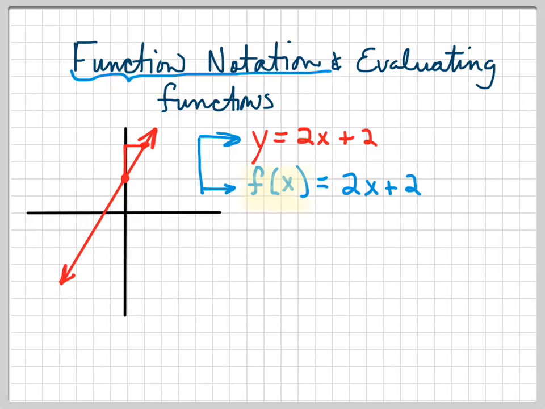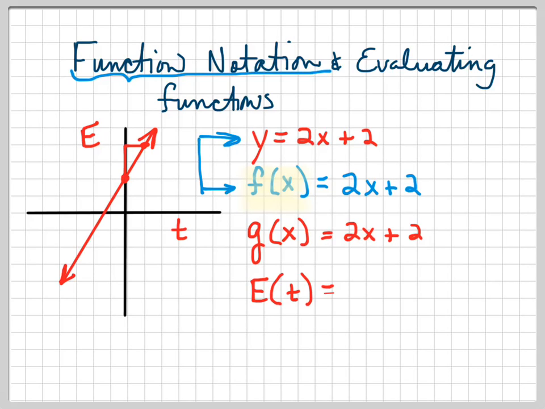And of course, I named this function f of x because function starts with the letter f, but I could have called it g of x. Maybe I wasn't using x's and y's, maybe on the x-axis was time and the y-axis was e for elevation. And then this equation will give me the elevation as a function of time equals 2t plus 2.